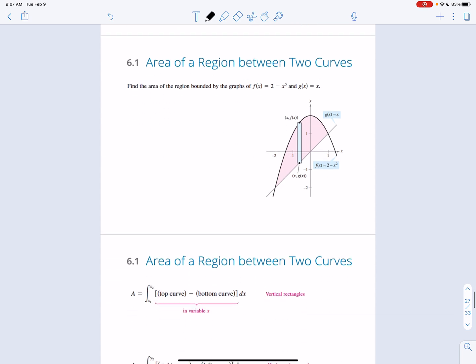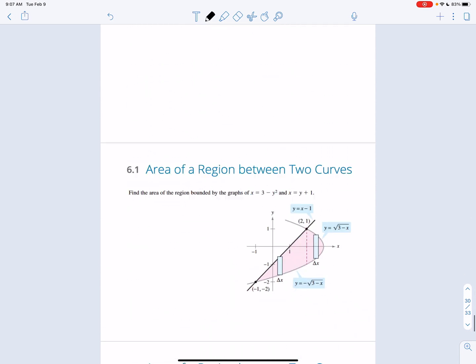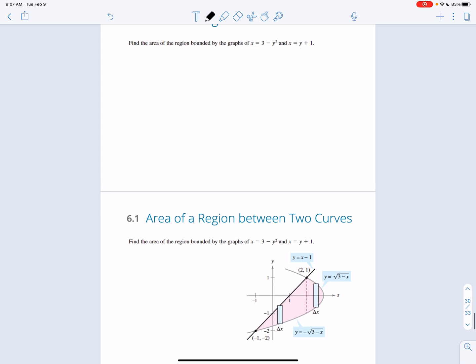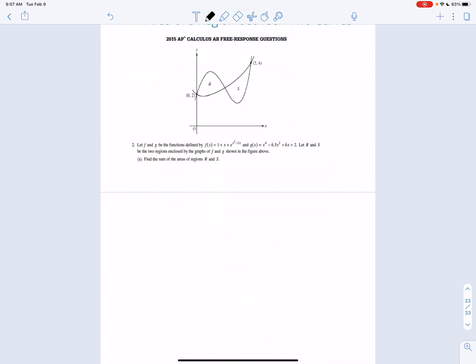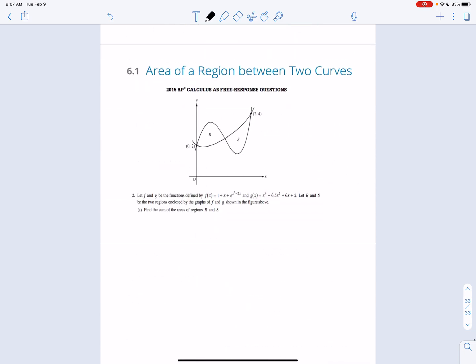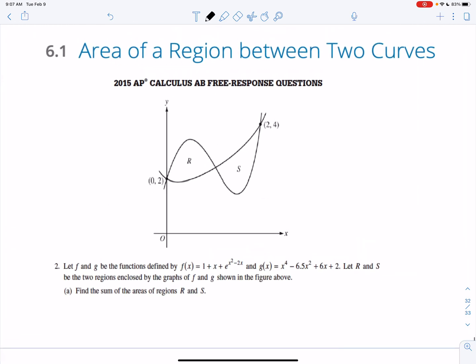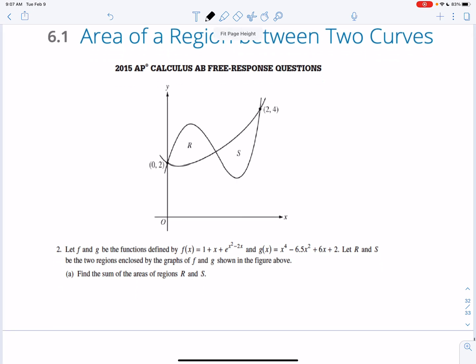What else is there? Do I have one more? We'll end it with this, okay? Here is part of a free response question, okay? Go ahead and try it, all right? We have, oh, this is a calculator problem, so calculator active, okay?